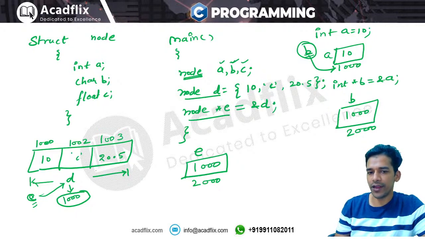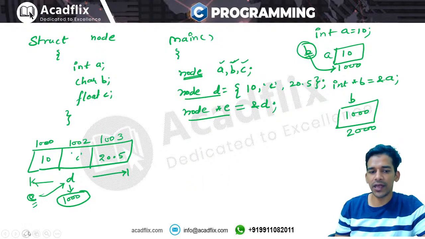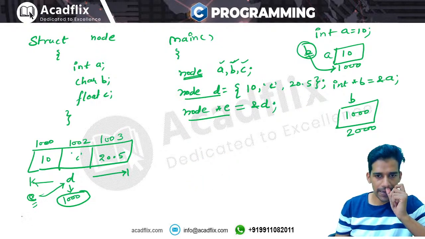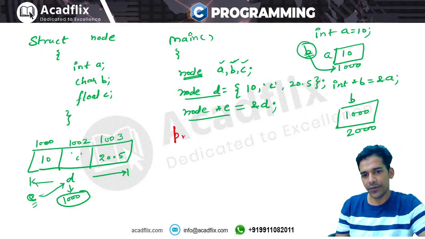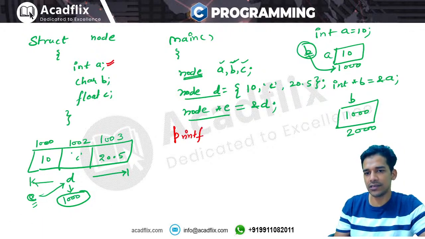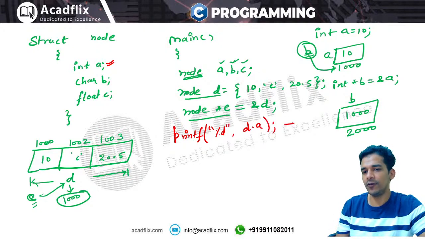How can I do that? If I want to access the variables using d, I can do simply like this. That you already know, right? I can simply say printf, and let us say I want to access this integer variable, that is value 10, then I can simply say %d, d dot a. Okay, d dot a will give you the value 10.